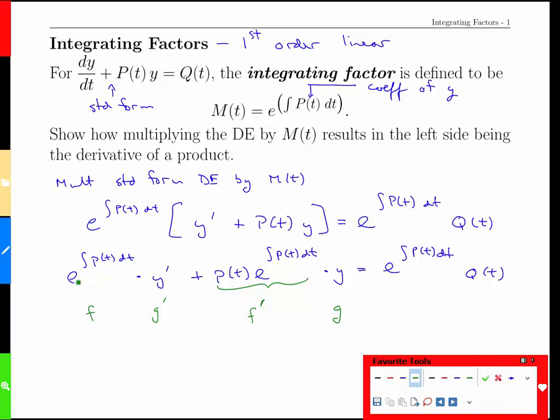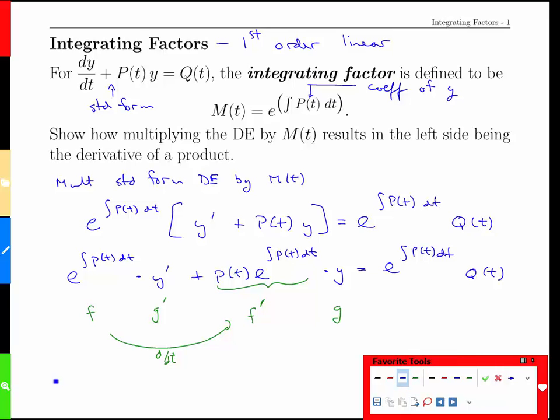Think of what we'd have to do if we differentiated f with respect to time. Well, the derivative of an exponential is the same exponential, and then we take the derivative of the exponent. Well, that brings the exponent down, and the derivative gets canceled by the integral, and so we end up back to p of t.